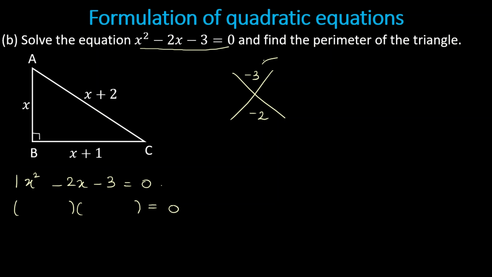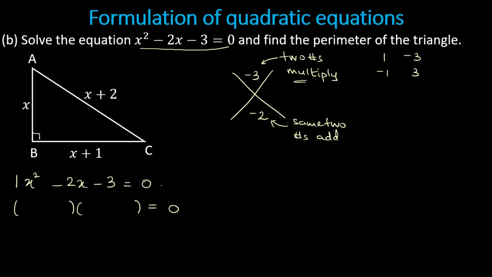We have to think of 2 numbers which when we multiply give negative 3, and the same 2 numbers when we add give negative 2. What are these 2 numbers? Let us consider multiplication first. When we multiply the 2 numbers, we must obtain negative 3, meaning 1 times negative 3 or negative 1 times 3.